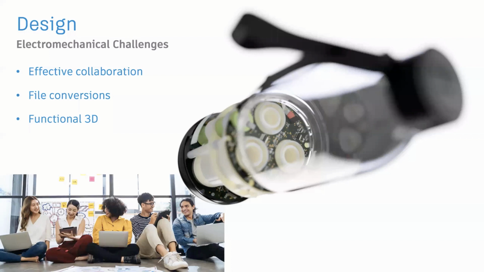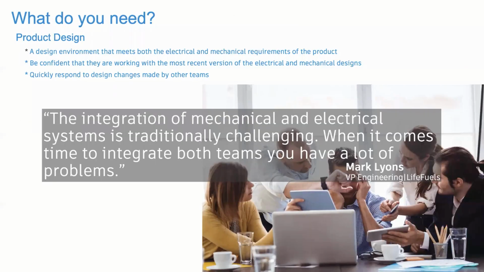You want to be confident that you're working with the most recent version of the electrical and the mechanical design, making sure that whatever changes the electronics engineer makes, the mechanical engineer has those changes as well. And you want to quickly respond to changes, being able to make any modification, see that change, and share those changes with the rest of the team as well.